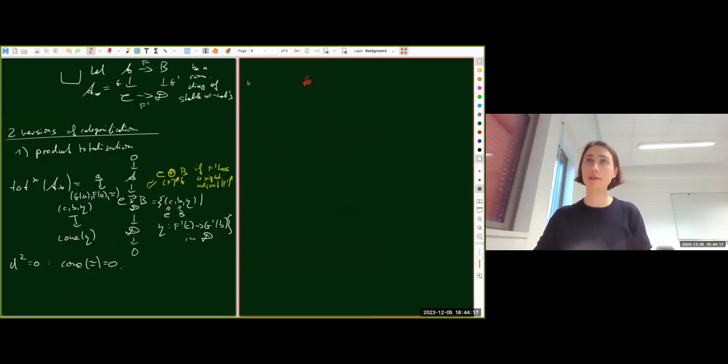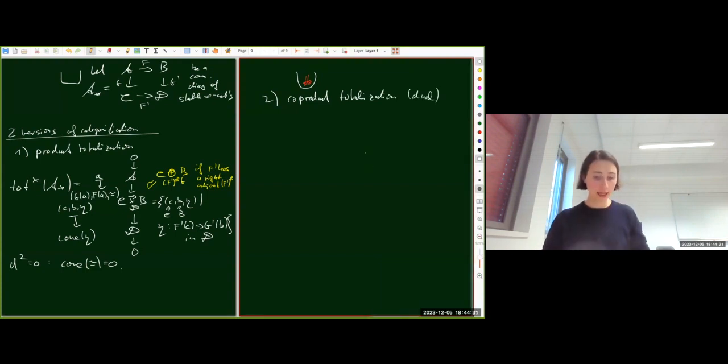Next, I'll briefly mention that there is a dual notion, the coproduct totalization. This is formally dual. We denote this as follows: Tot of A star.